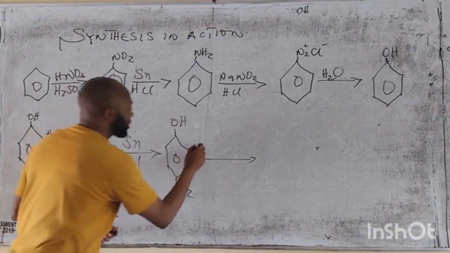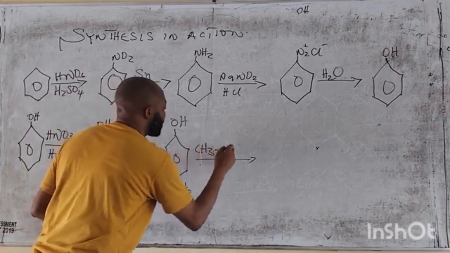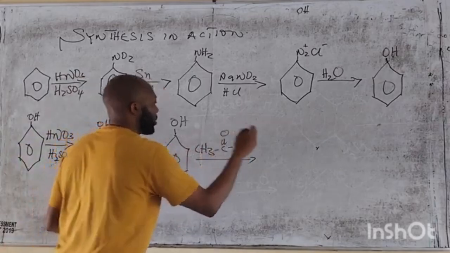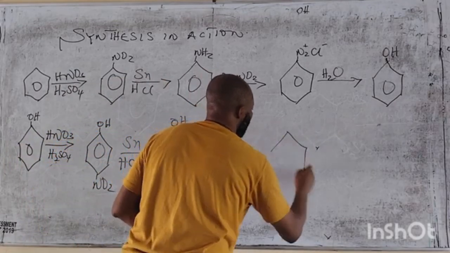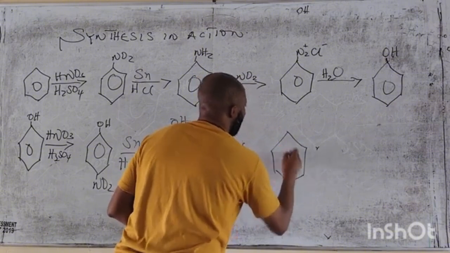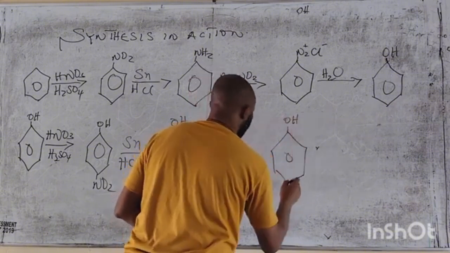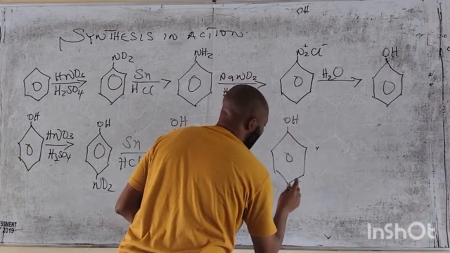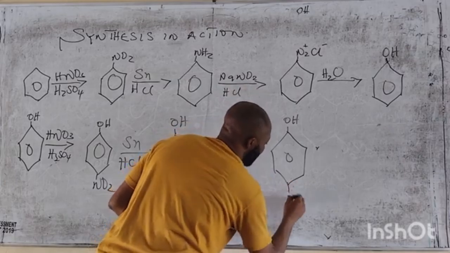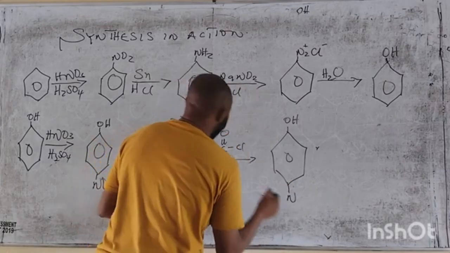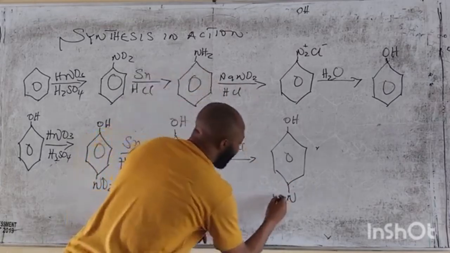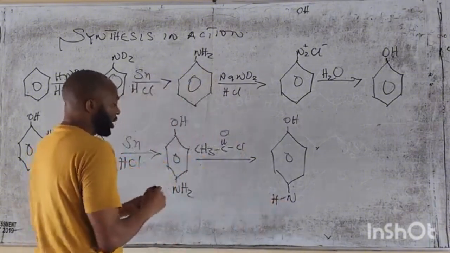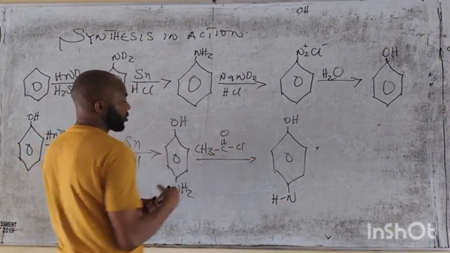Ethanoic chloride, CH3 C double bond OCl comes in. This is my phenol. This is my amino group. When this comes in here, remember the amino is NH2. The other hydrogen will take the HCl out.